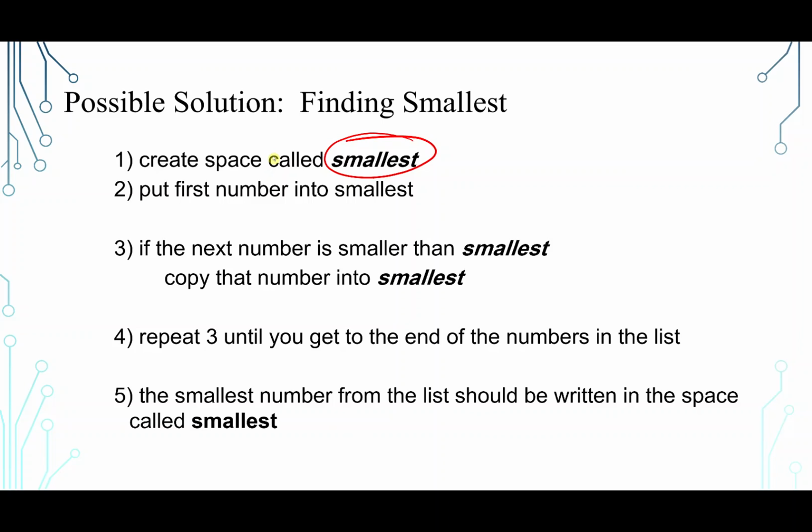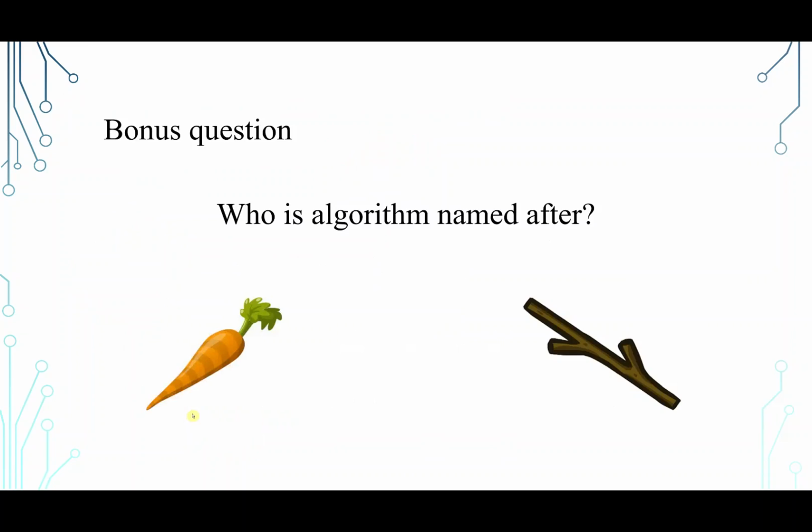We repeated step 3 many times until we got to the end of the list where there are no more numbers. The smallest number from the list is written into the space called smallest. So when we ran out of numbers, what's in smallest is the smallest number of that list, and then we add it to the empty list. This is what we have done, right? So we had an algorithm within an algorithm.